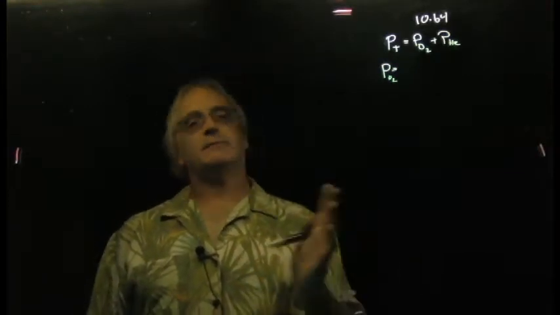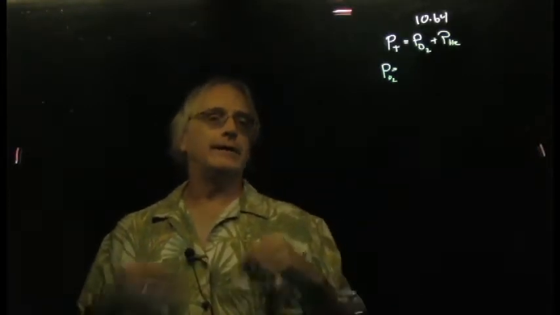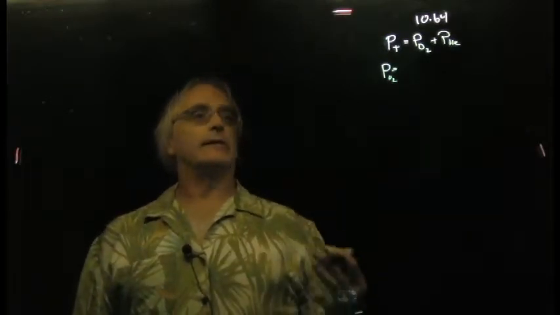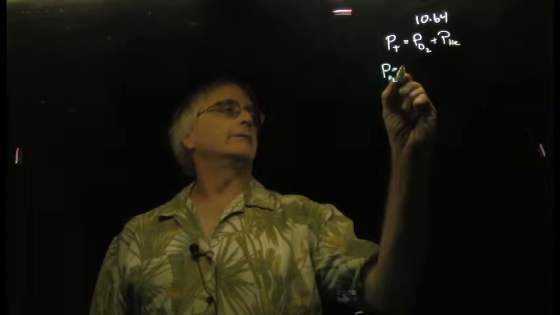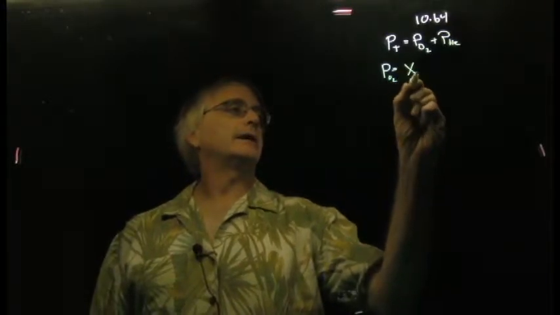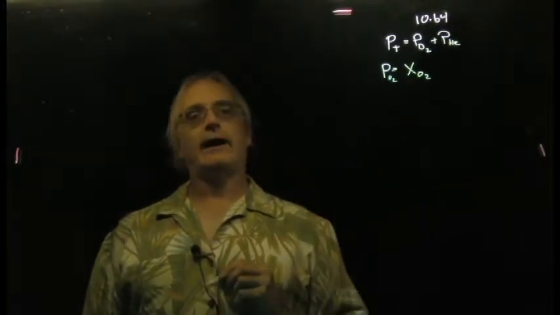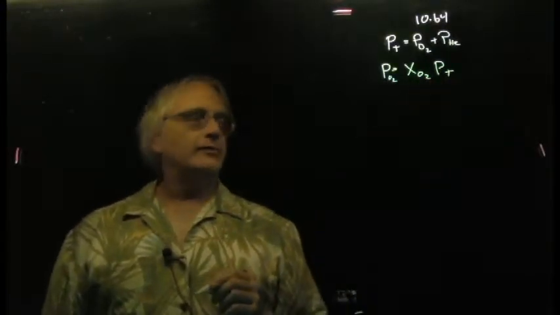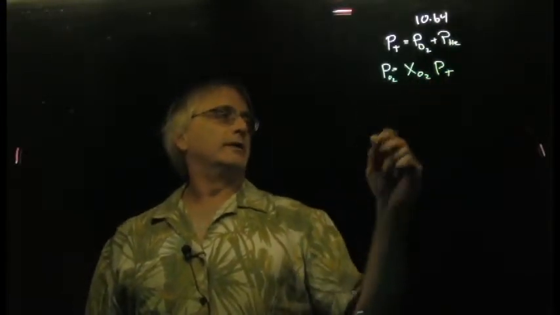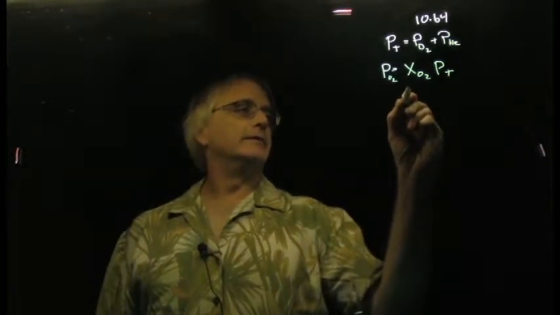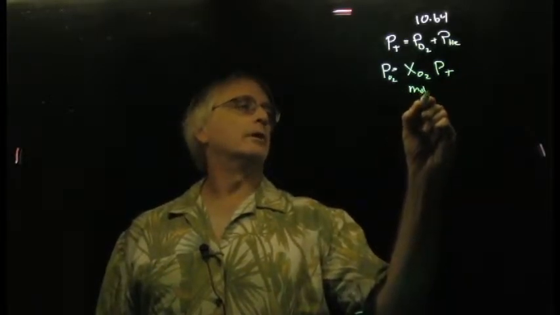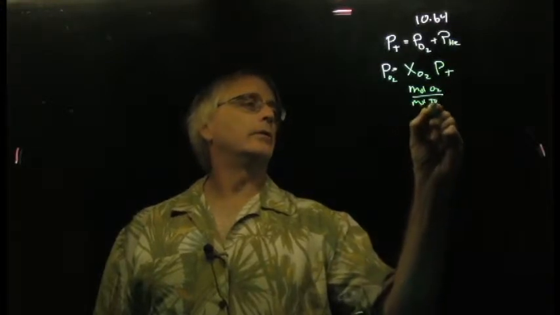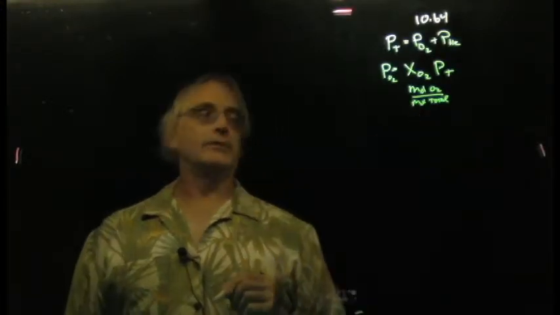Depending upon the problem and the information provided, you'll use one or the other technique. One technique for calculating partial pressures is what's called the mole fraction times total pressure. If you knew the mole fraction, and remember what that is, the number of moles of O2 divided by moles total, that's the mole fraction.